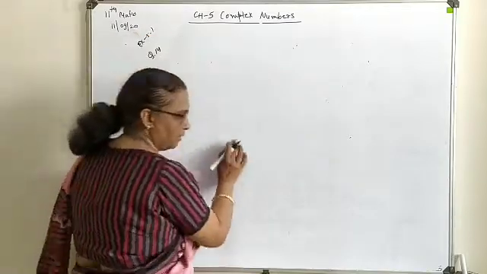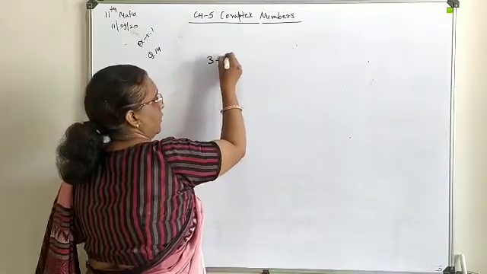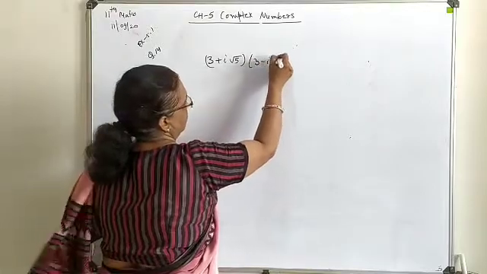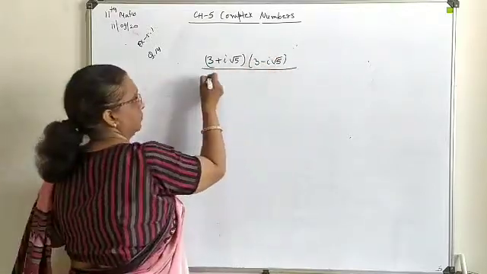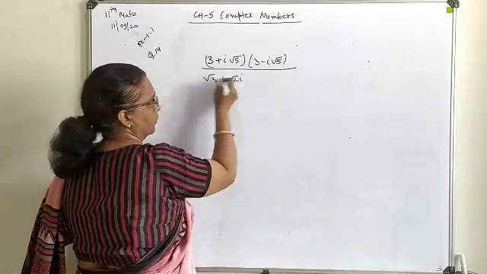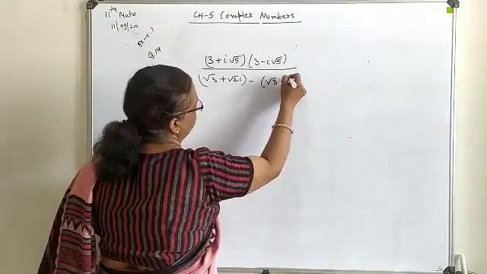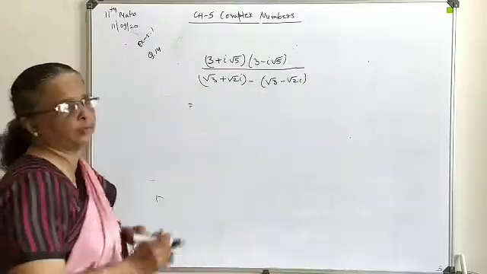Here the expression is 3 plus iota root 5 into 3 minus iota root 5. In the denominator it is root 3 plus root 2 iota minus root 3 minus root 2 iota. Now let us sort it out as per the combination available.